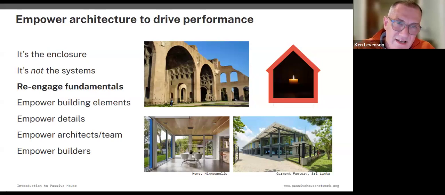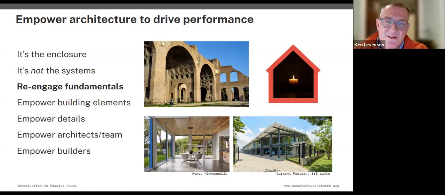It really engages the structure of the building and makes the form of the building a driver of the performance of the building. So we're not just doing whatever we happen to think of without consequence and saying, oh, the mechanical systems are going to compensate and they'll make me comfortable and they'll make us safe.